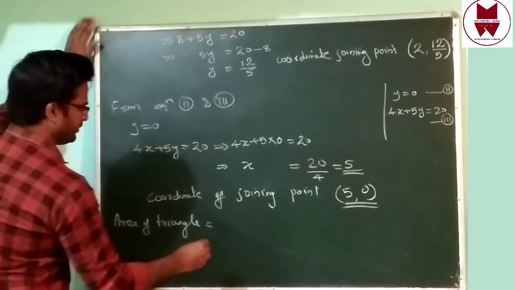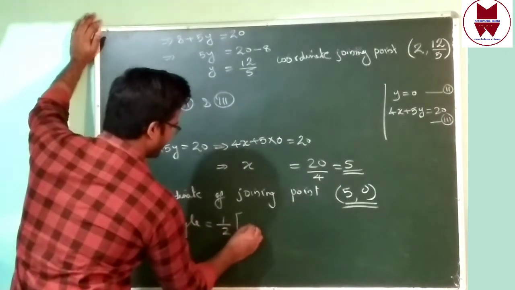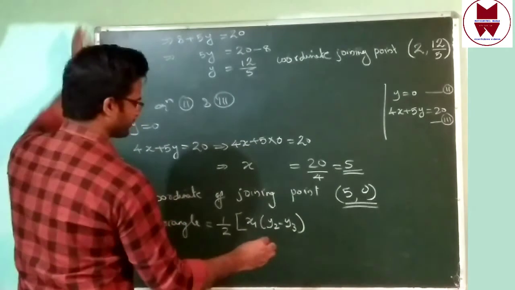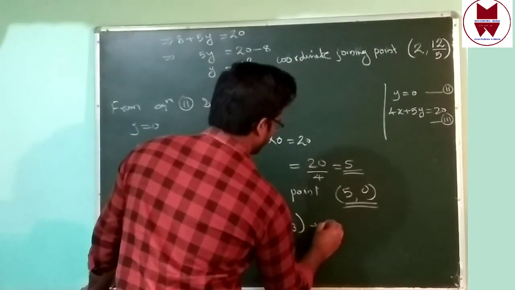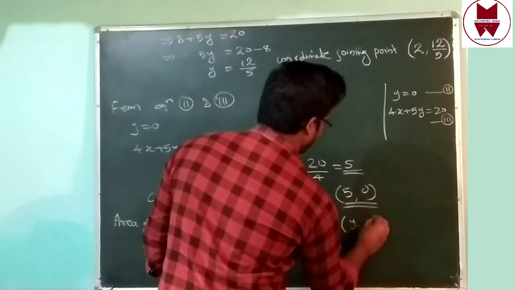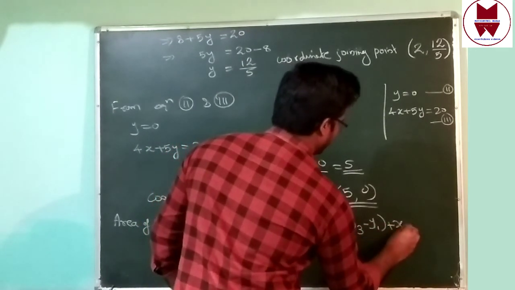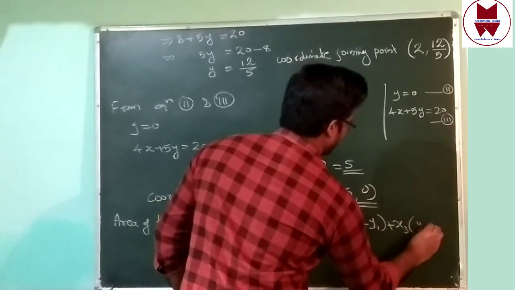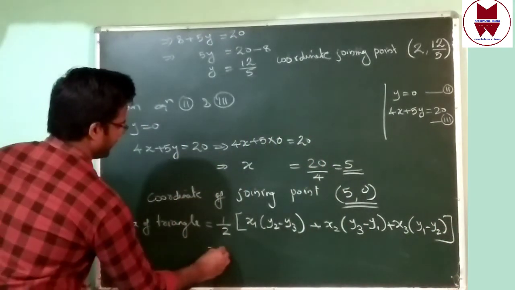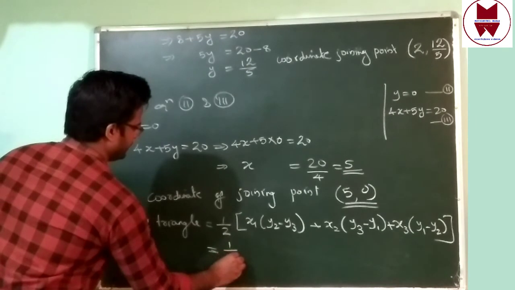Area of triangle, that is 1 by 2 x1 (y2 minus y3) plus x2 (y3 minus y1) plus x3 (y1 minus y2) equal to 1 by 2.